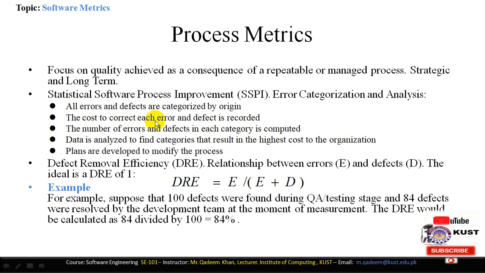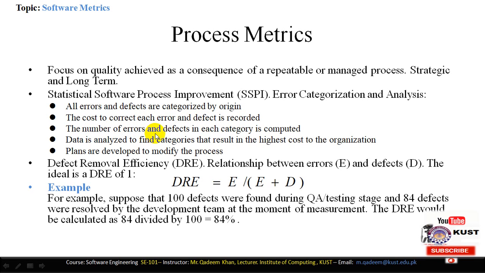The cost to correct each error and defect is recorded. When errors occur, we have to correct or fix these errors, and the same with the defects. So these must be recorded, and also the cost of the correction, that is the maintenance and defect maintenance cost, must be recorded. This is also an example of the metrics.